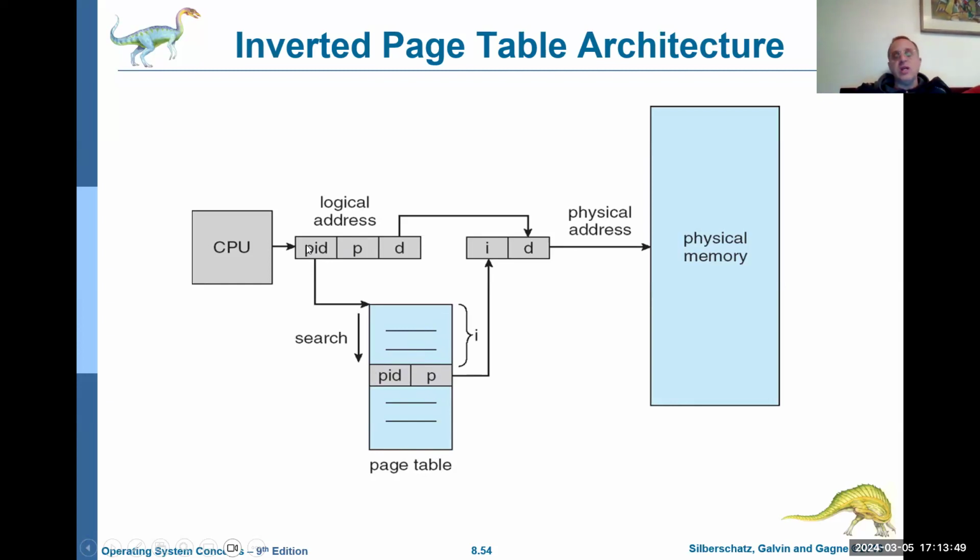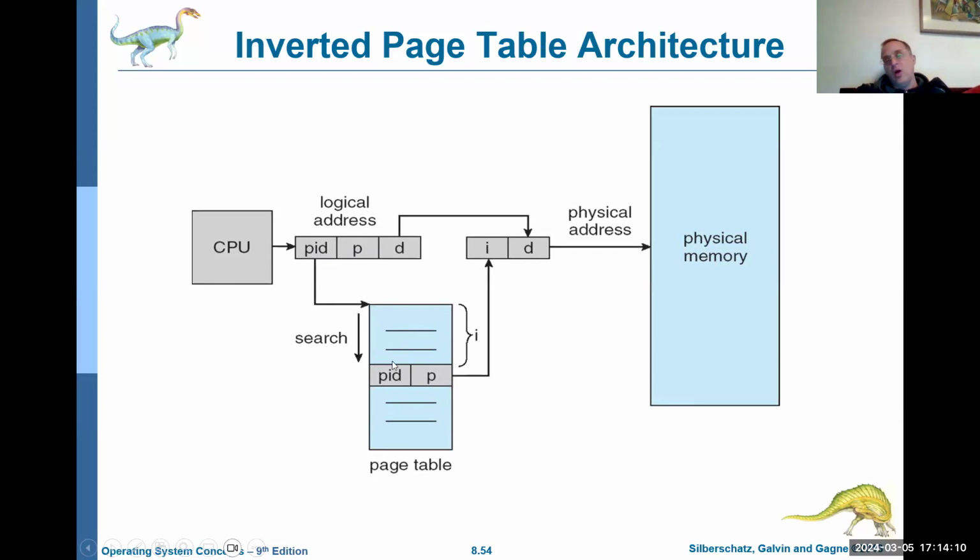Now he comes along and says, I am process number PID, and I want page number 0. Where is it? I have no idea. Start looking in the page table. I look for all the entries that are my PID.